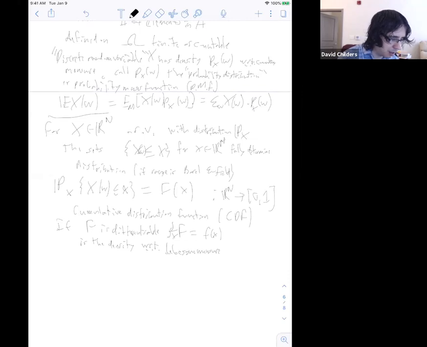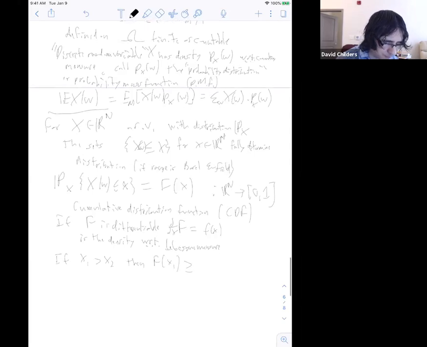And so we can say some other things aside from that. f is less than 1 and greater than or equal to 0, because it's equal to probabilities. So if x1 is greater than x2 in the vector sense, so in the sense that every element of x1 is greater than or equal to x2, then f of x1 is greater than or equal to f of x2.